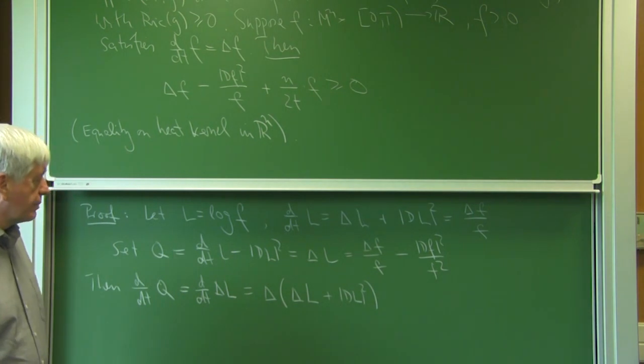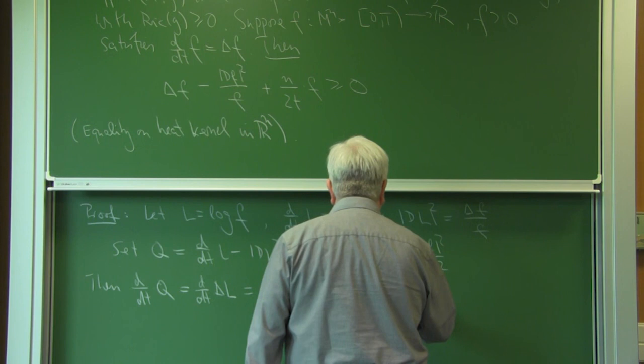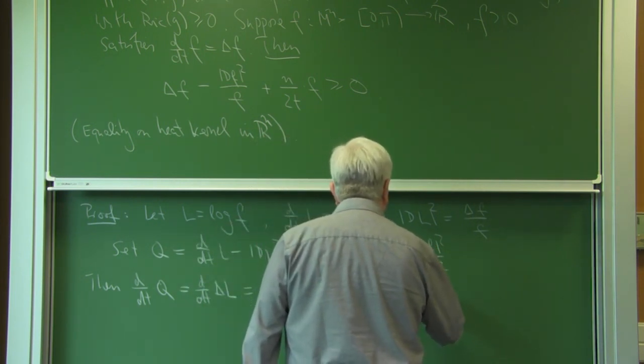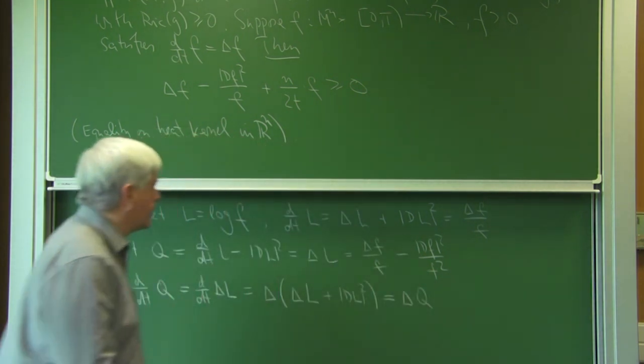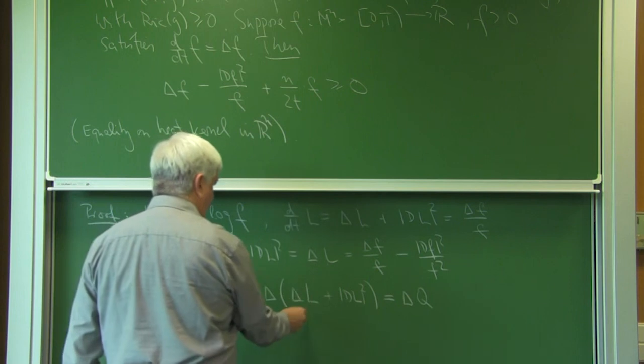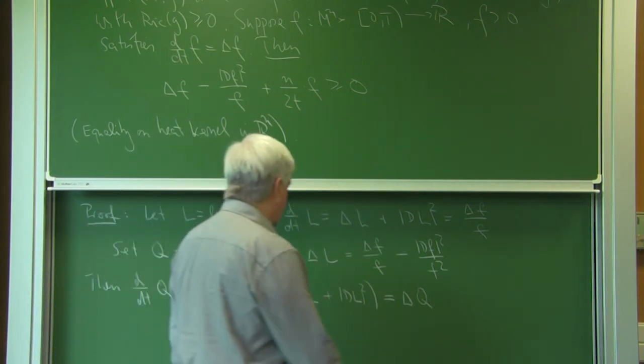And now computing the Laplacian of this gives the Laplacian of Q on the one hand, since Q is Laplacian of L, then we get the Laplacian of the gradient of L squared.